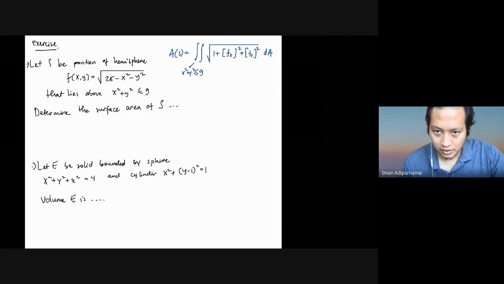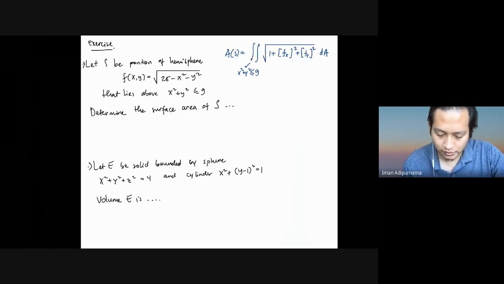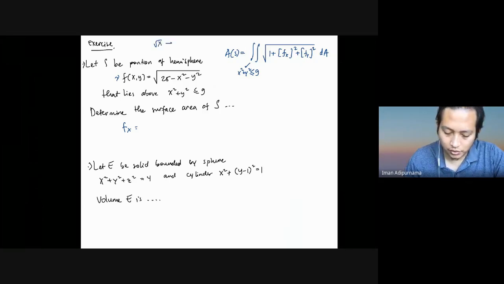Okay, so basically you need to find the partial x from this function, which you can treat like a square root of x. You derive, becoming 1 over the square root of x, and then multiply with the derivative inside.